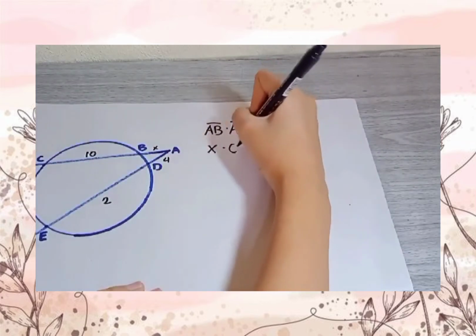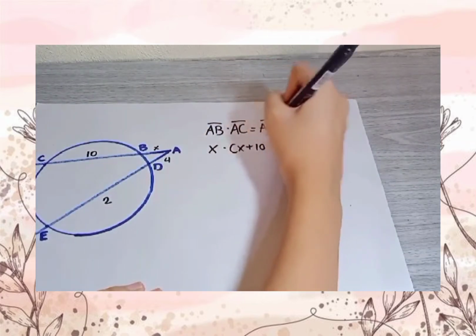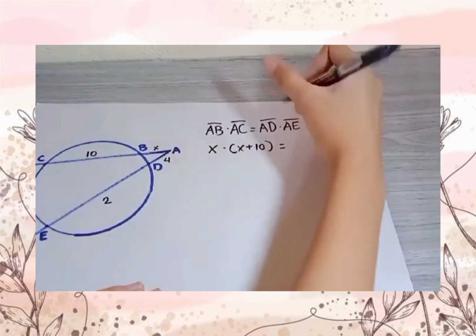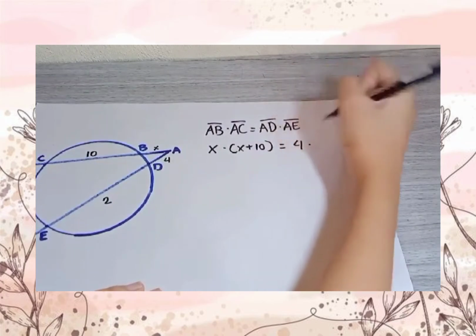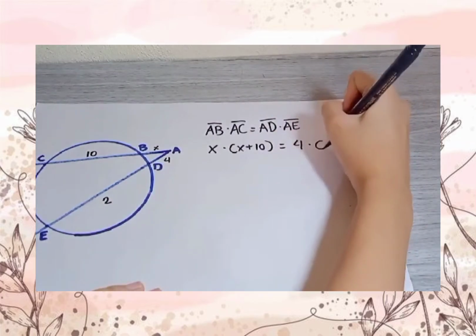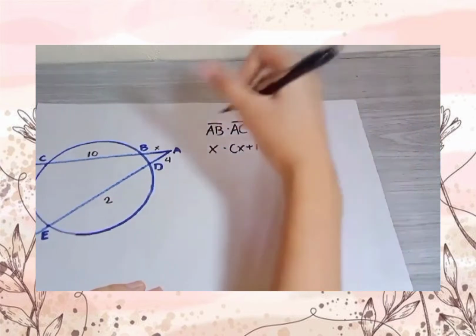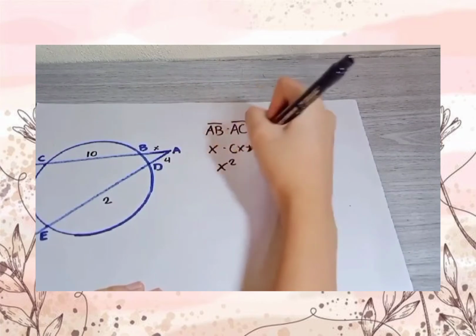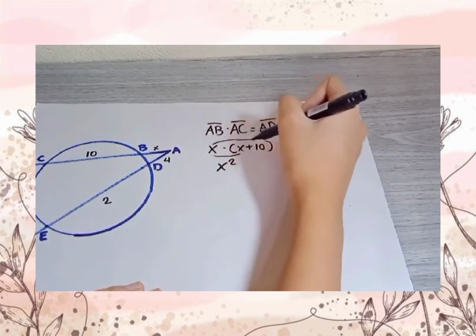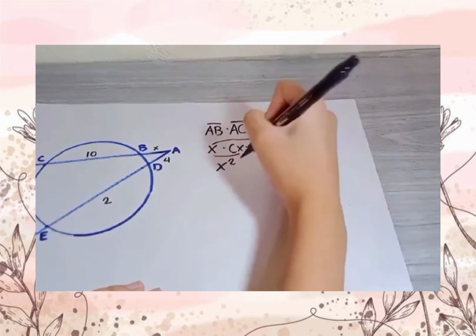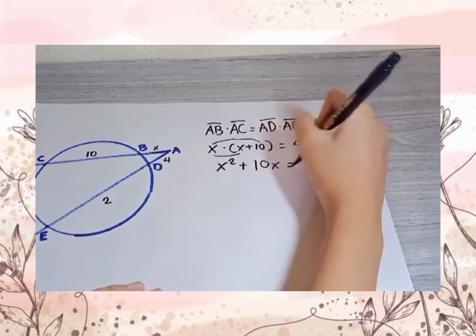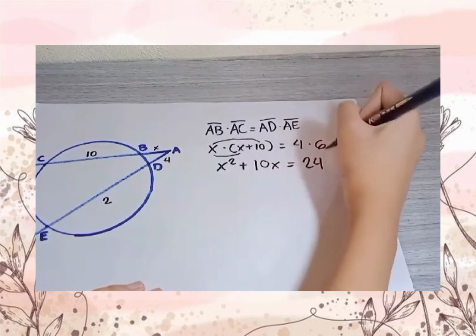AB equals x, times x plus 10, equals 4 times 4 plus 2, which equals 6. So x squared, and use the distributive property, which is x times x equals x squared, plus x times 10 equals 10x, equals 4 times 6 equals 24.